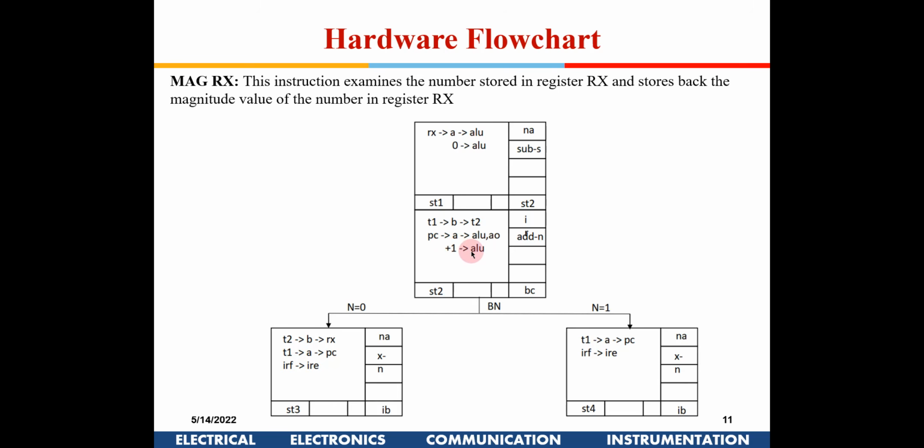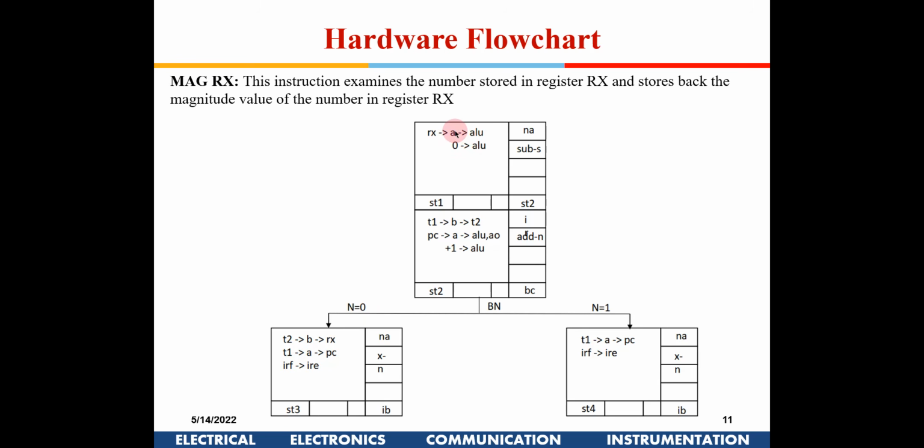Now when I do this, obviously the data of T1 will be updated. That is why I am getting the data of T1 to T2, because T1 will now contain the updated value of the PC at the end of this operation. What is available in T1 actually is 0 minus A. Now if negative is equal to 0, it means it was a negative number initially.